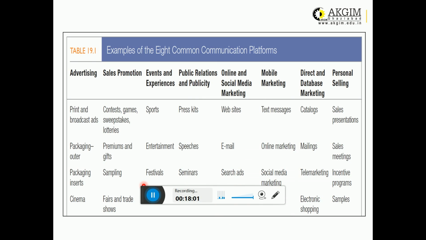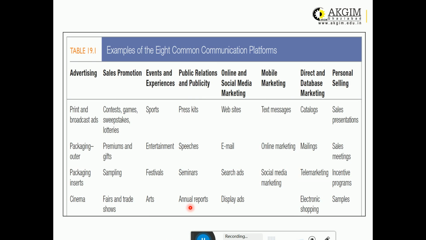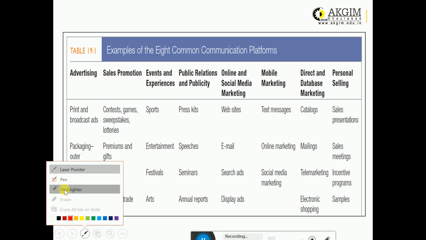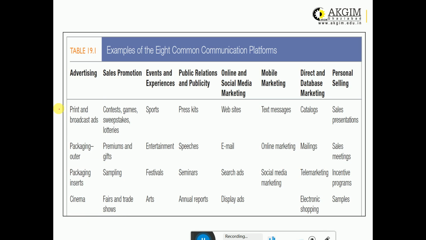This slide shows how these 8 common communication platforms work. Print and broadcast advertisement; sales promotion uses contests, games, and lotteries. Events could be sports, entertainment, festivals, and arts.